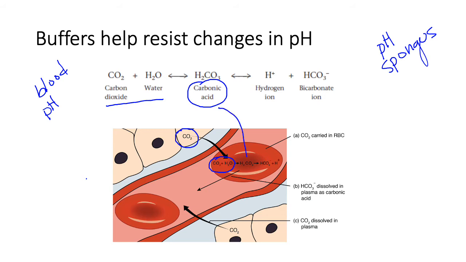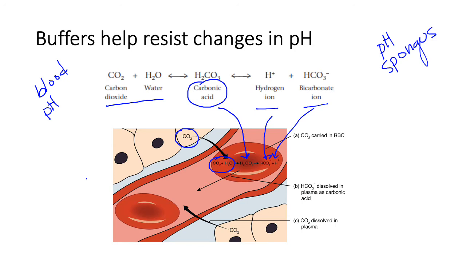So we can see that here happening in our red blood cell. When carbonic acid is created, it's an acid, so because our blood is mostly water, it's going to dissociate. And it dissociates into a hydrogen ion and what is called a bicarbonate ion, HCO3-. So we see this dissociation happening here.